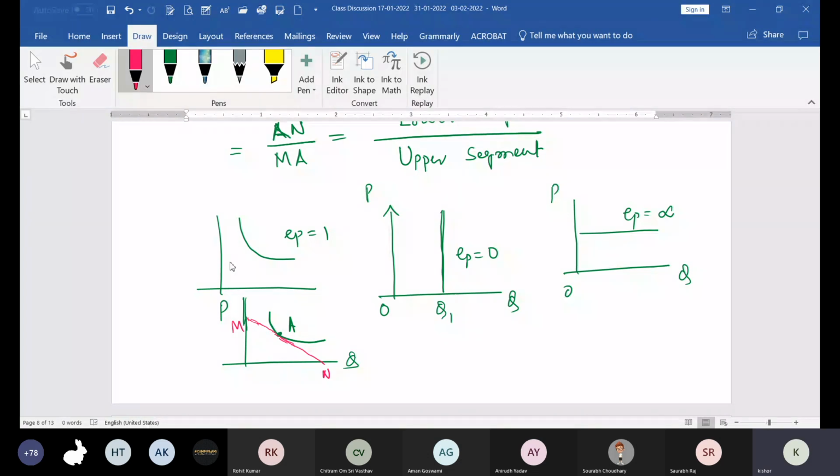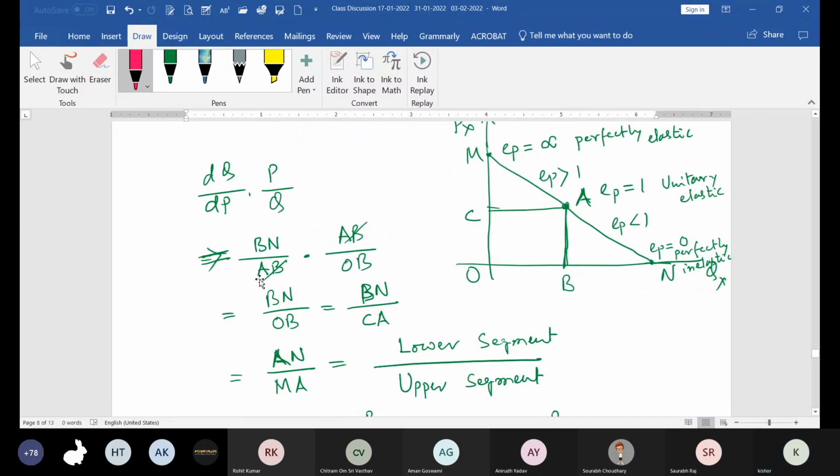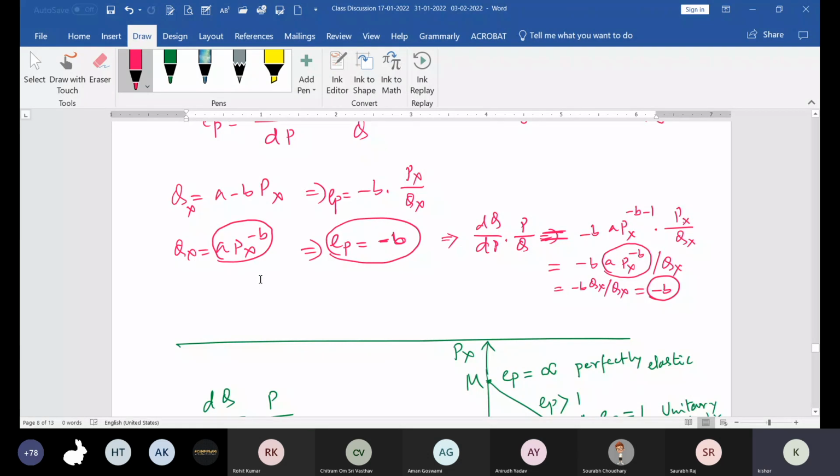Definitely we will discuss it. We can discuss more numerical problems also. But in the meantime, my suggestion is that you go through some books also to see simple numerics about how to calculate that. But do not confuse. Always we use first order derivative for measuring elasticity.